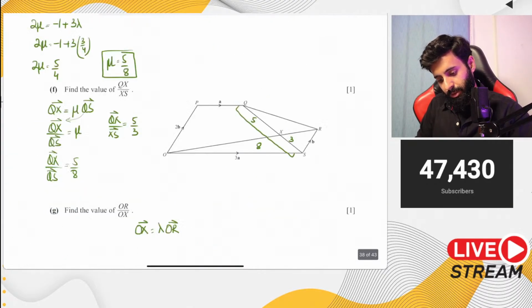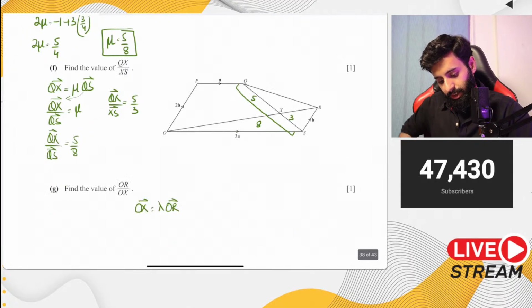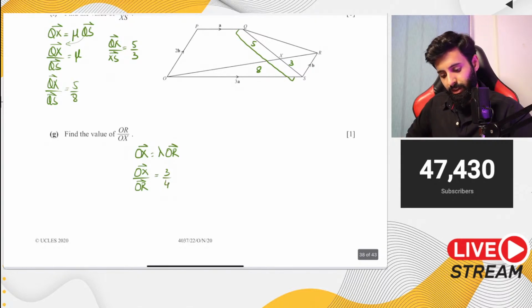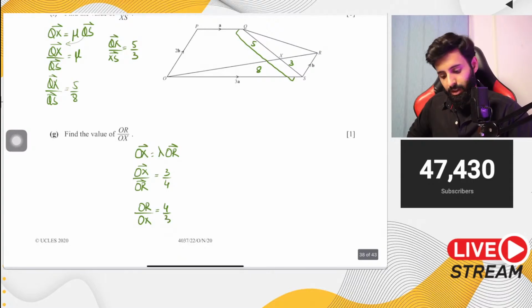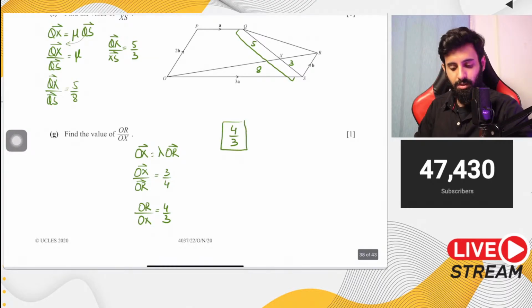Now that we know lambda is equal to 3 upon 4, OX upon OR is equal to 3 upon 4. But don't get carried away and say that 3 upon 4 is the answer. You're supposed to find OR upon OX, which means you take the reciprocal. If you take the reciprocal, you get 4 upon 3. So 4 upon 3 is the answer.